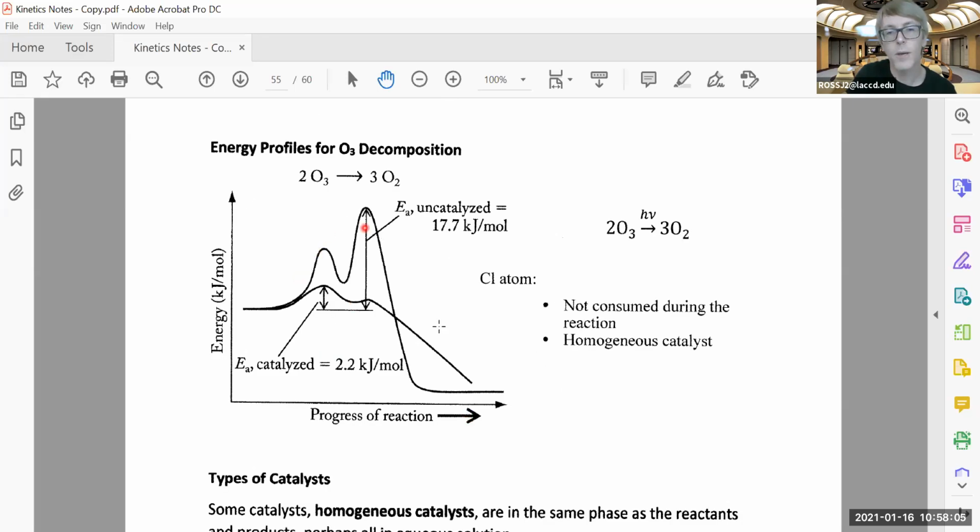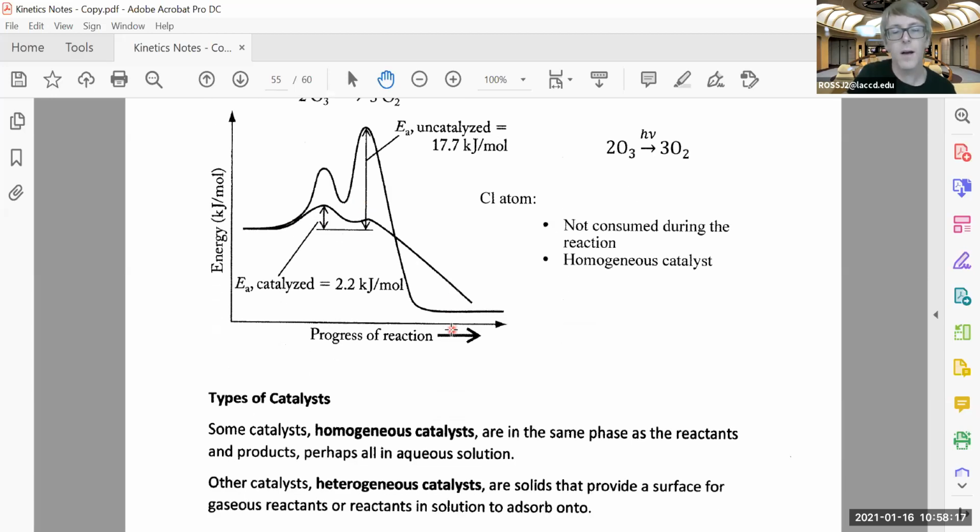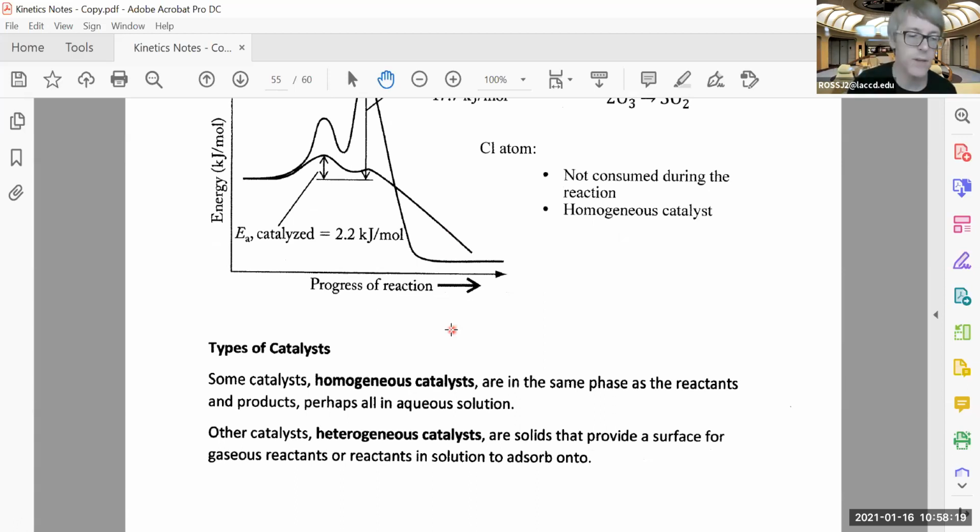If the goal is to get down to the product side, oxygen, we don't have to scale 17.7 kilojoules of energy. We can just scale 2.2 kilojoules of energy. So in the 80s and 90s, it was decided to remove CFCs from consumer products and prevent the catalysis of ozone decomposition in the atmosphere.